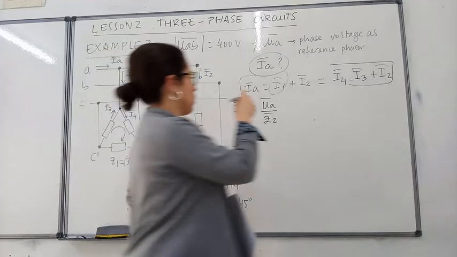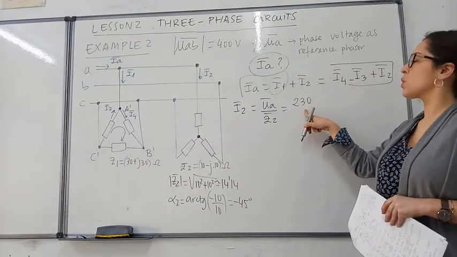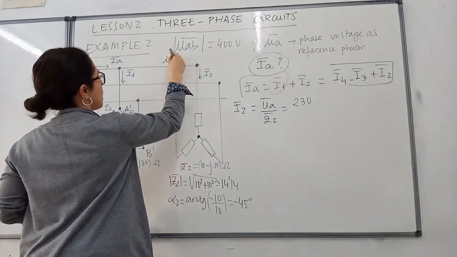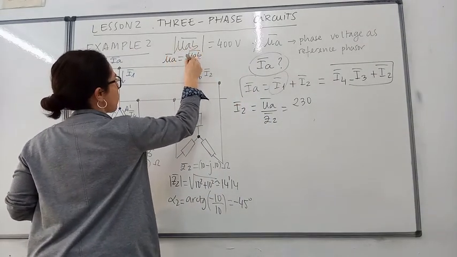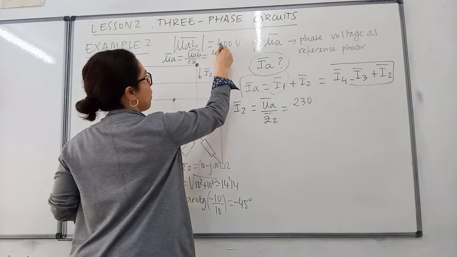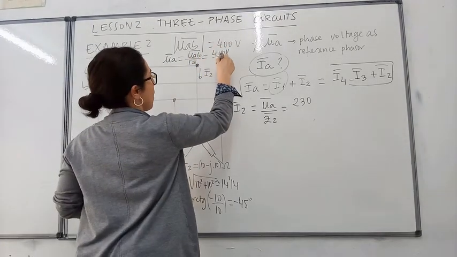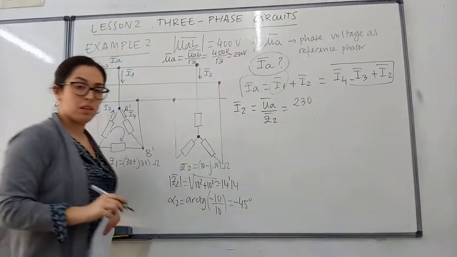So then you have 230. Well, why is this 230? Because the phase voltage is equal to the line voltage divided by square root of 3. So 400 volts, that was in the statement, divided by square root of 3 is approximately 230.